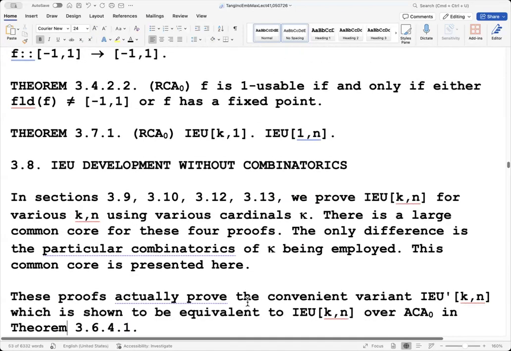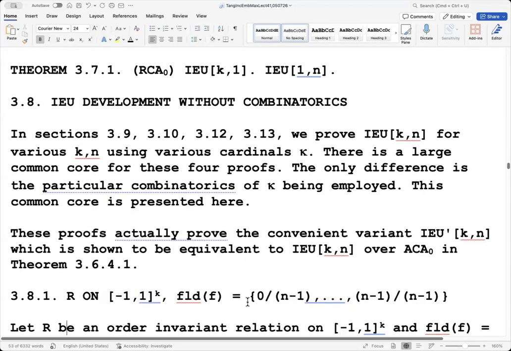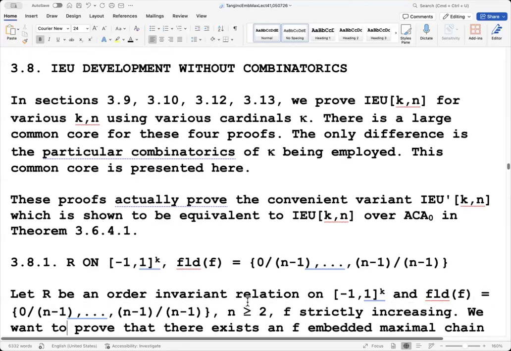Then we have this section of IEU without combinatorics. And remember, in the way we do this with the primes, with the technical thing, the field is fixed. The function is fixed.